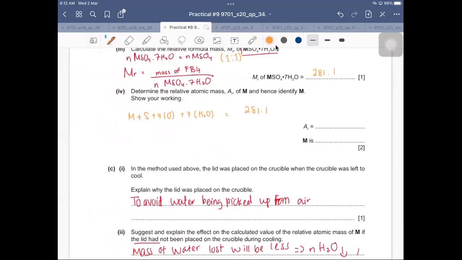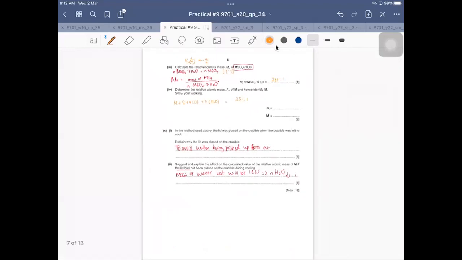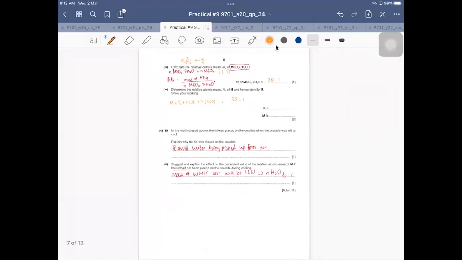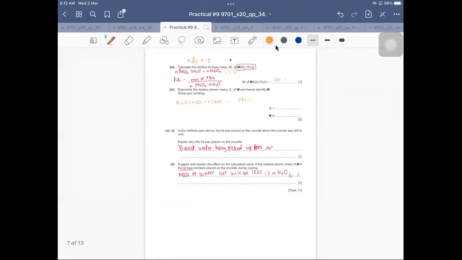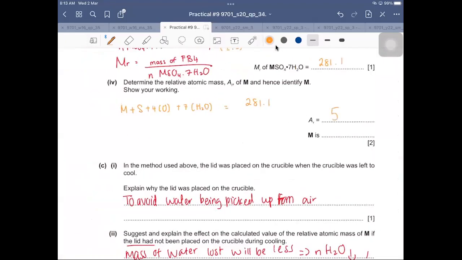What's the answer? 98.9. Oh, sorry, that's more than 16. 58.9. Okay. So whatever your answer is, for example, if I use this value, it's 58.9.